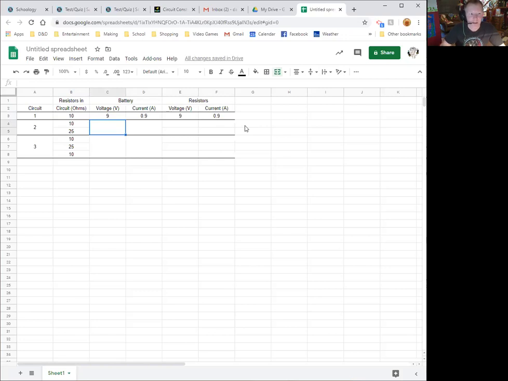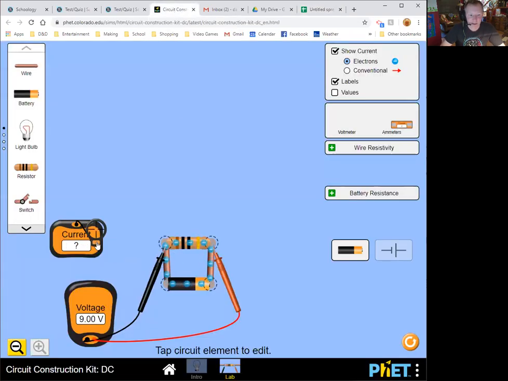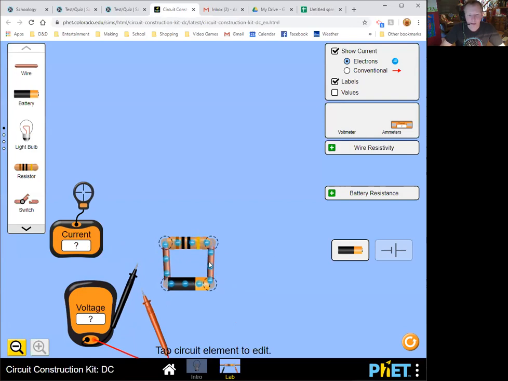Now I want a 25 ohm resistor in this, but this is a parallel circuit. What a parallel circuit means is that the electrons will have a branch, 2 different branches or more to choose from. So instead of breaking this apart and squeezing another resistor in, I'm going to put the other resistor up here and allow these to branch.